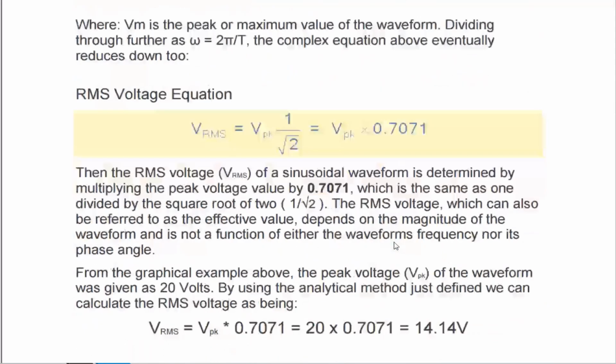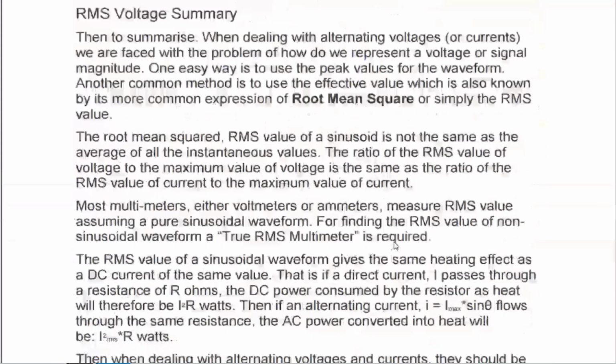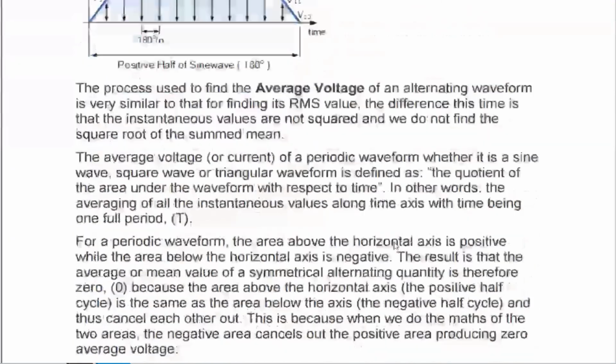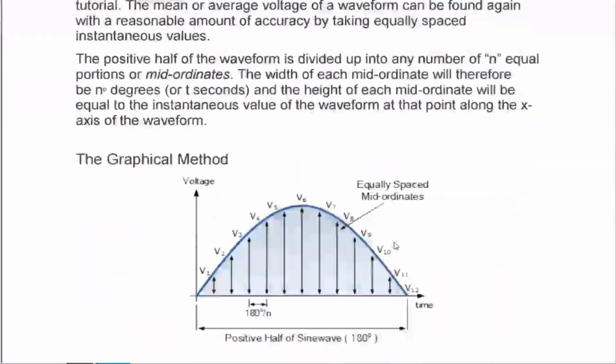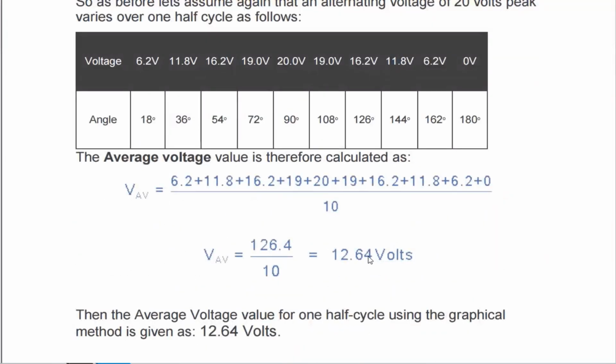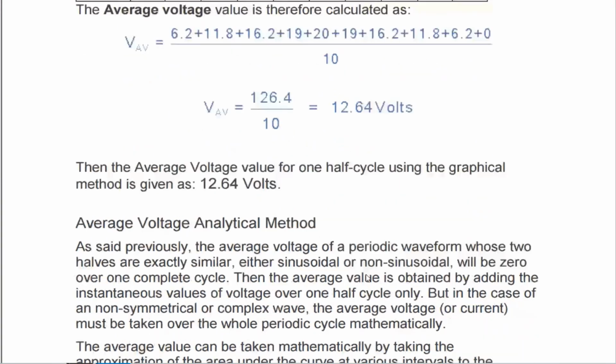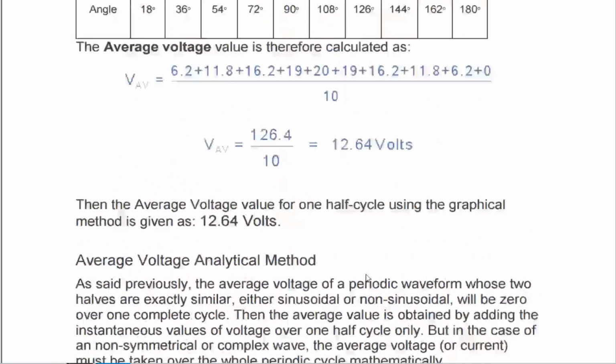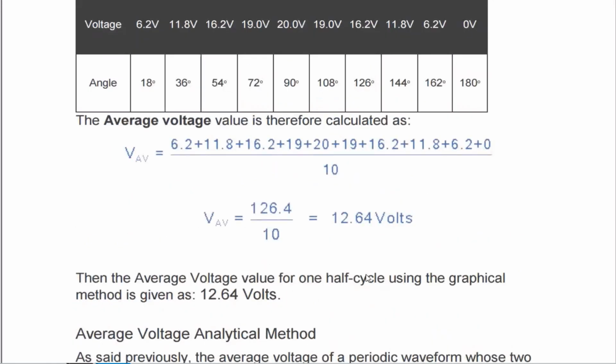Okay. So now you are getting a lesser value in the case of average voltage. So here it is not 14.14, but it is 12.64 volt. So you have to remember here the average voltage is lesser than the RMS voltage.